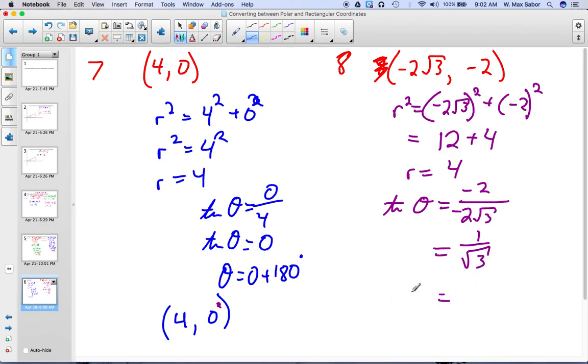So if tangent is 1 over root 3, then theta is, let's write this in terms of pi, pi over 6 plus pi n. And that means, based on the quadrant, that it is plus pi. So that's 7 pi over 6. And therefore our coordinate is 4 comma 7 pi over 6.